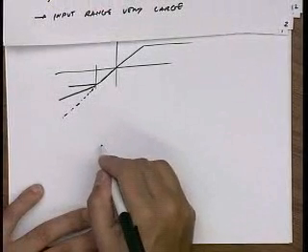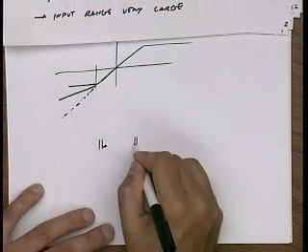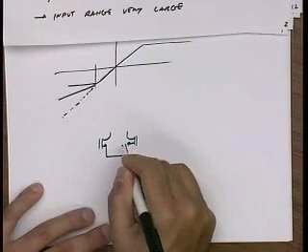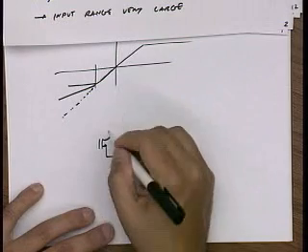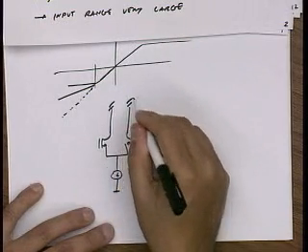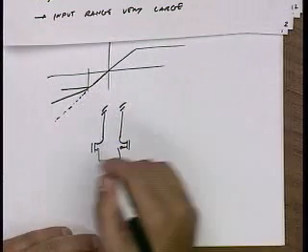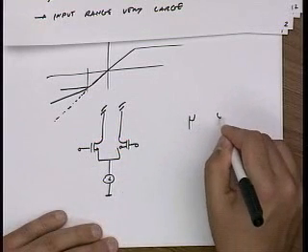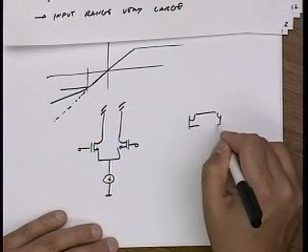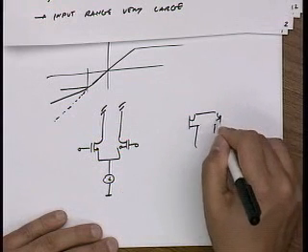So what I'm going to do is just draw the input stage. So these guys go off. Let's say I have a very high input. And so my PMOS stage is basically turned off.